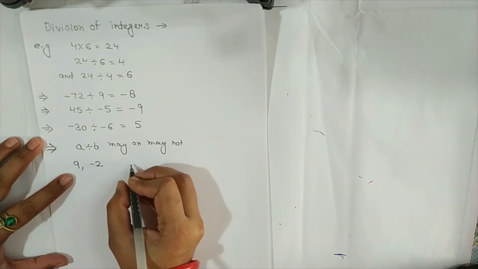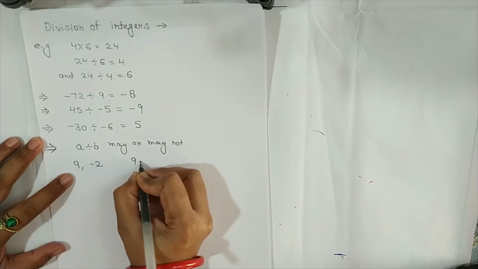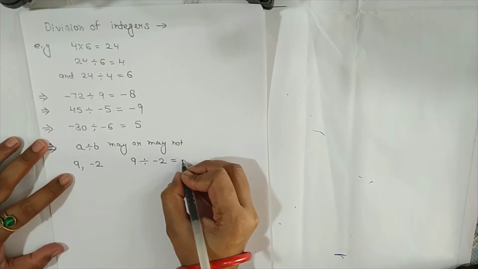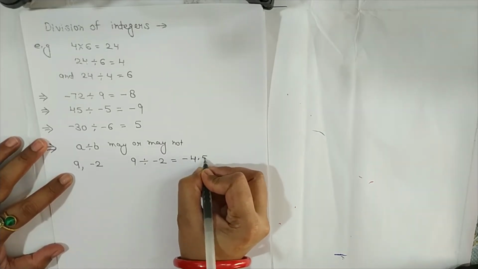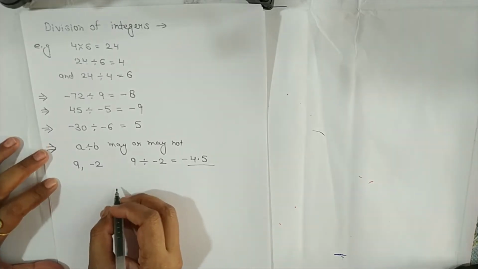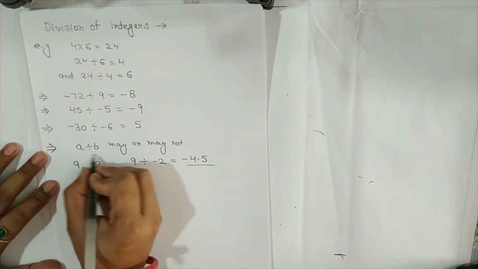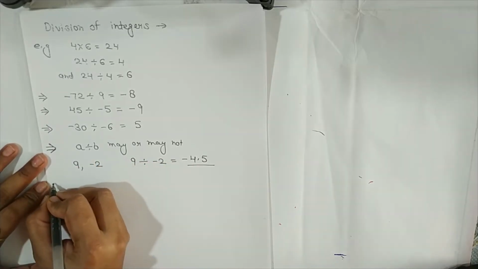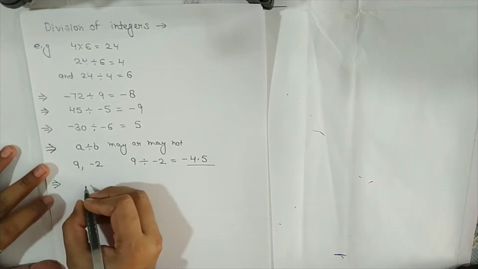When I divide 9 by minus 2, the answer in decimal is minus 4.5, which is not an integer. So the closure property is not satisfied for division.